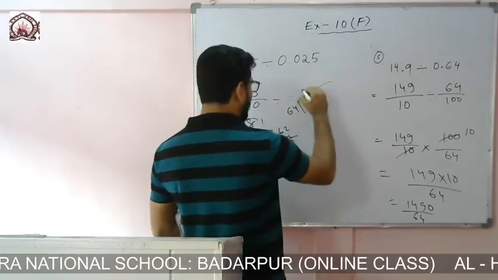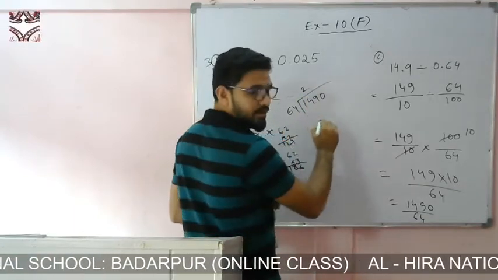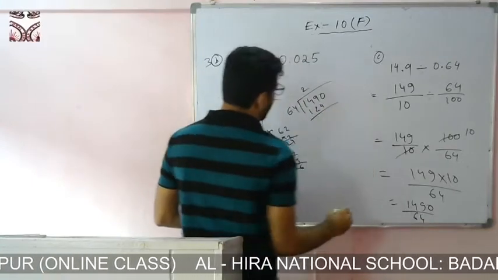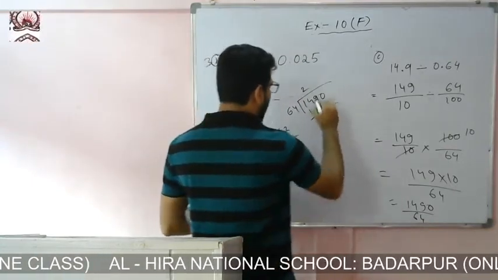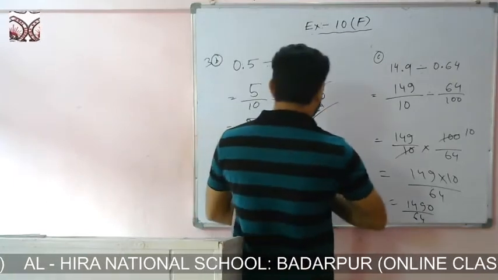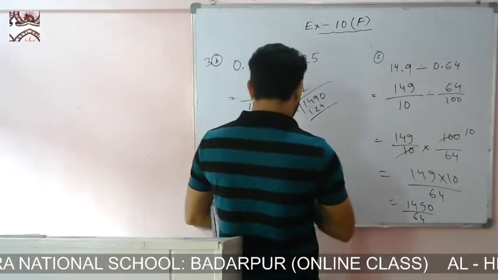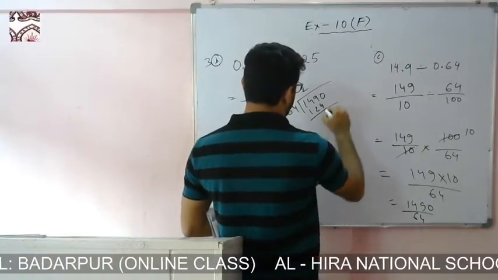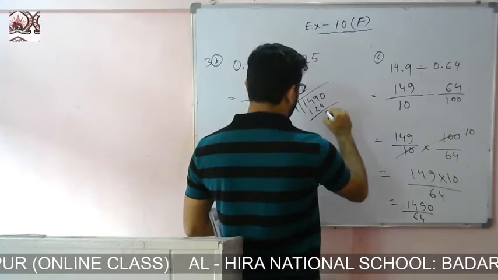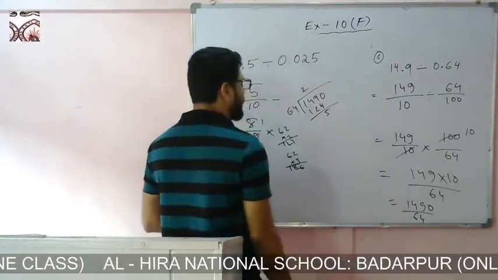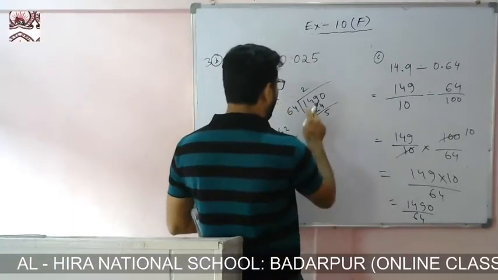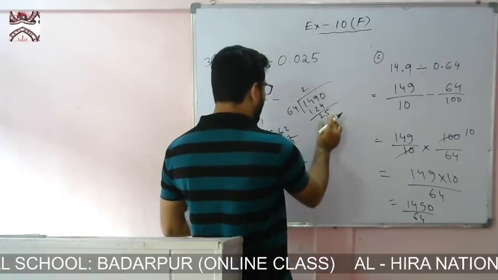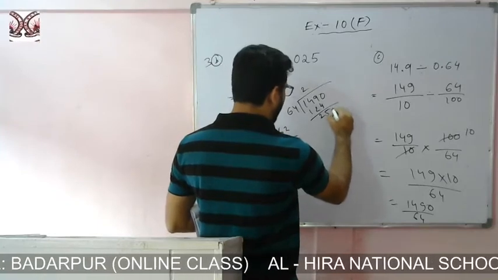So 64 2s are 124. Okay. So 9 minus 4, 5. Here remain 4 minus 2, 2. 1 minus 1, 0. So 25, it is not divisible. So we'll take 0.